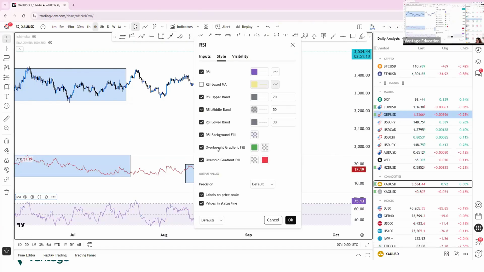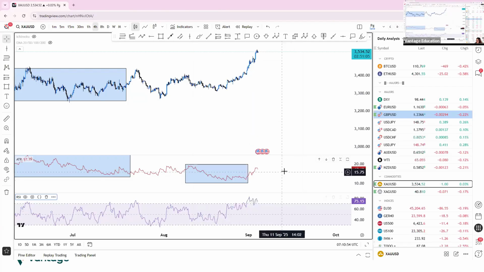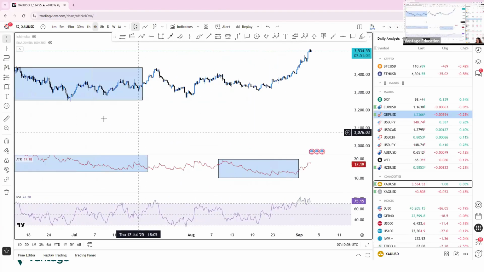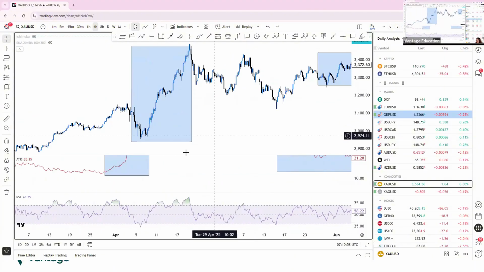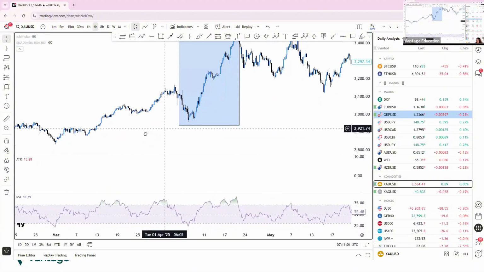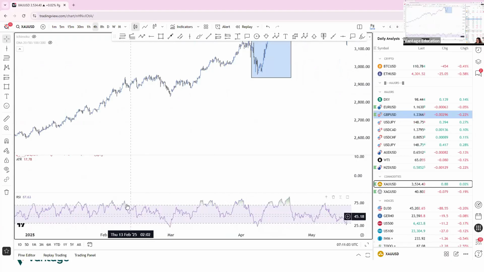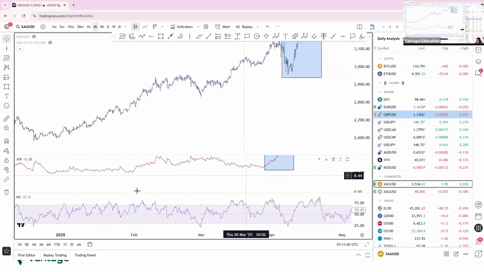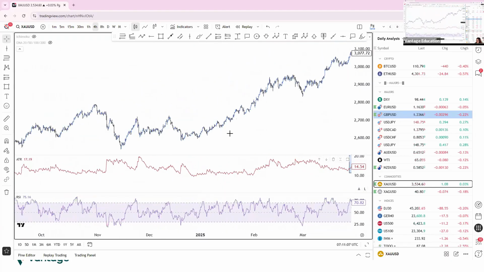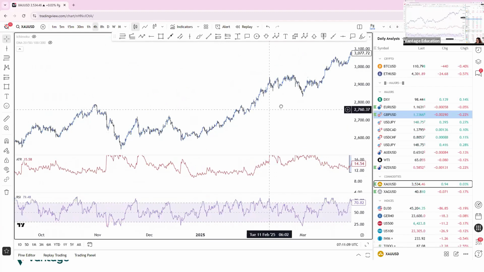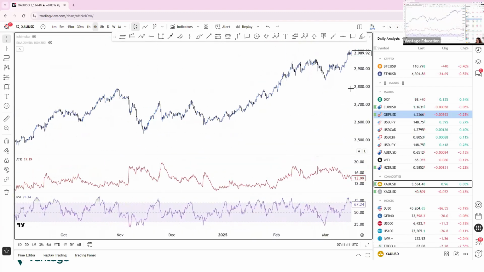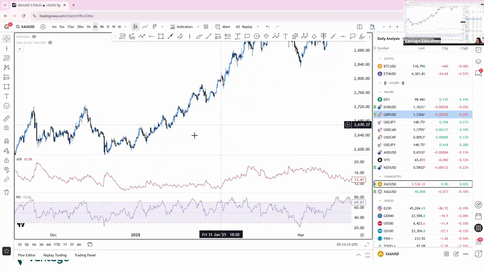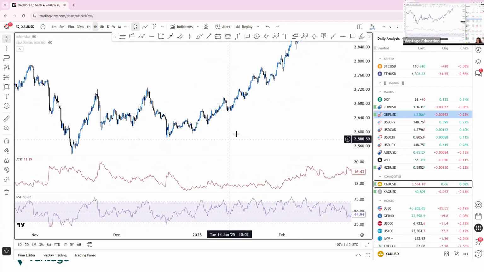We're going to use this set by default. Right from here, where should I look? Look at this price from here in H4.